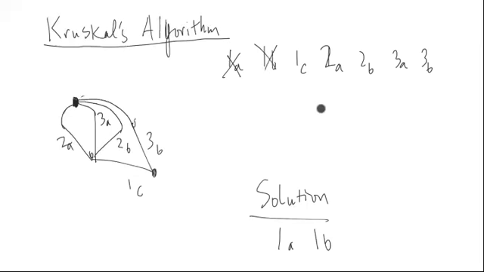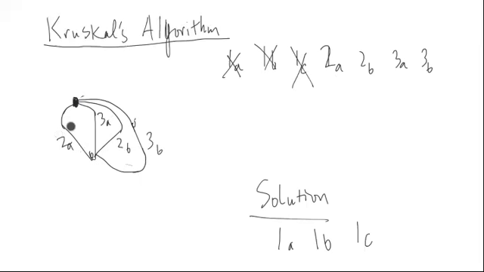Now we go to 1C, the next one in the list. It's not a loop, so we pinch it, and throw it out of existence here. So this is really just rounding that off a little bit. It looks like we've used 1C.